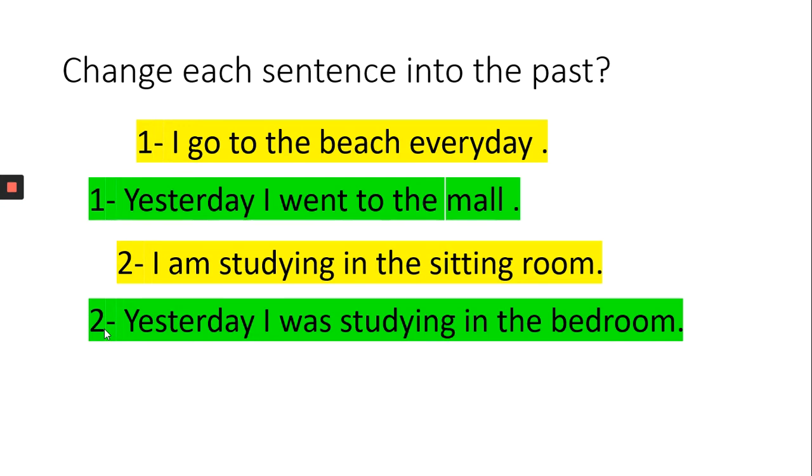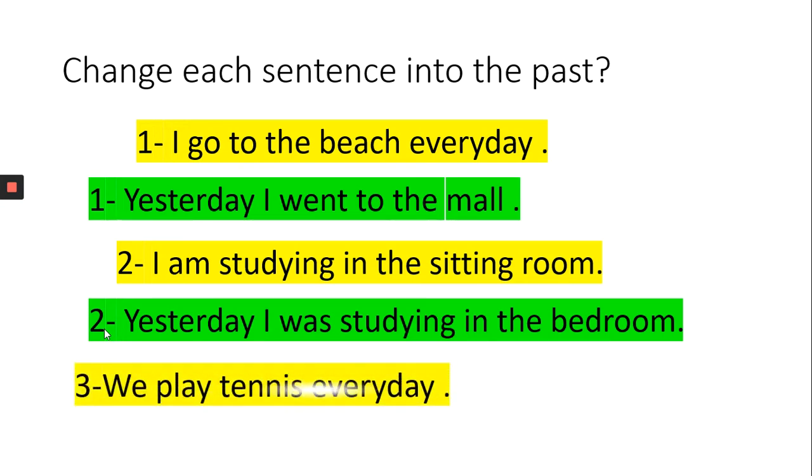So there is a change in the tense or in the time. I'm studying in the sitting room changes into yesterday I was studying in the bedroom. So the verb changes into the verb was. This is the past form.